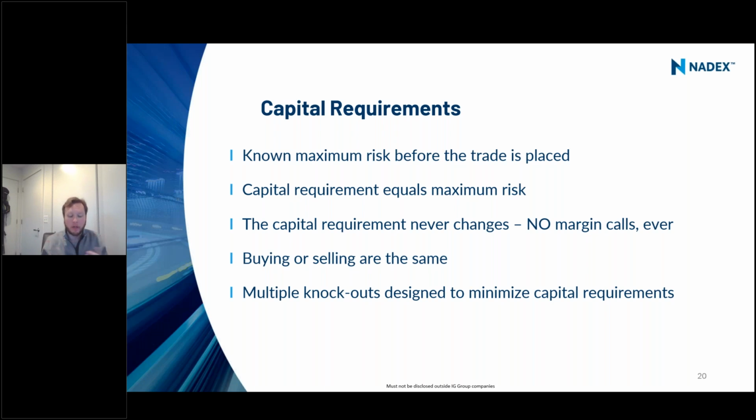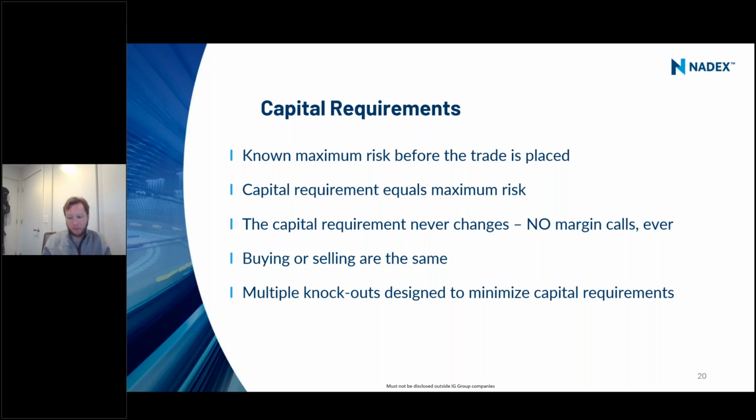There are the futures markets for those asset classes, or for Forex, maybe you trade spot Forex, right? The capital requirements in all of these examples, for zero leverage, are going to be a lot lesser generally. So you're going to know the maximum risk before the trade is placed.